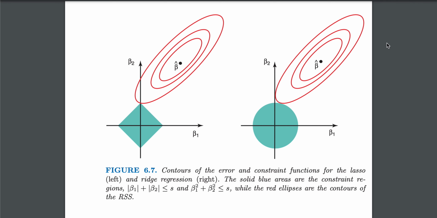On this side, what we are looking at are the contour plots of least squares. Remember that ridge regression coefficients solve what problem?